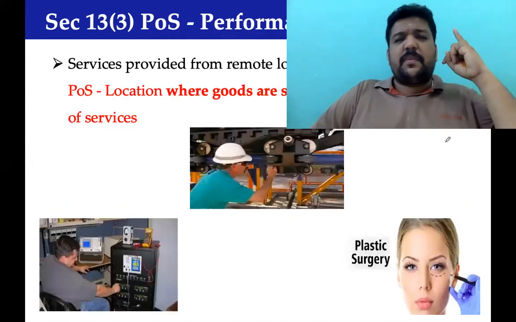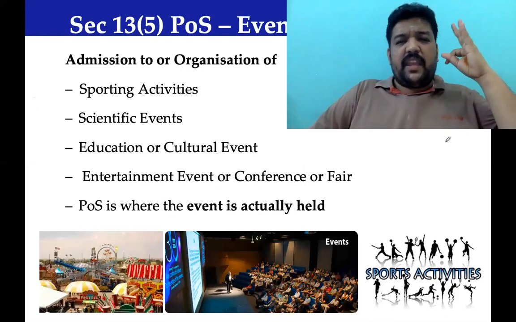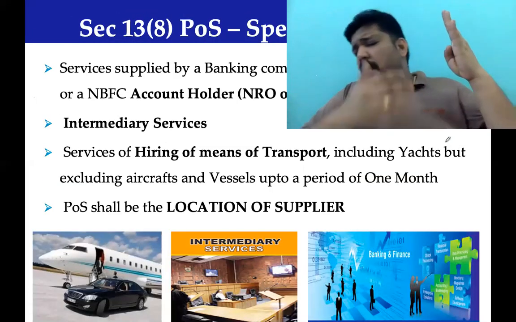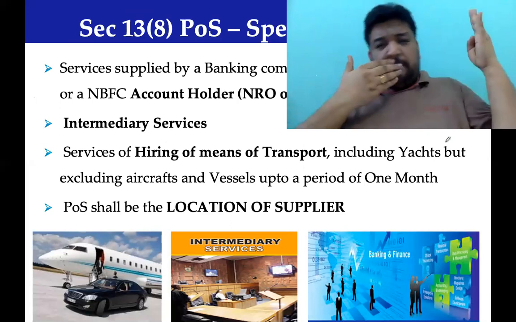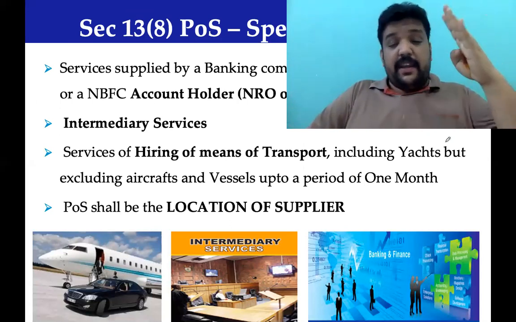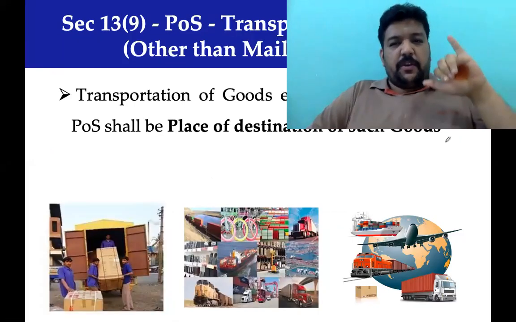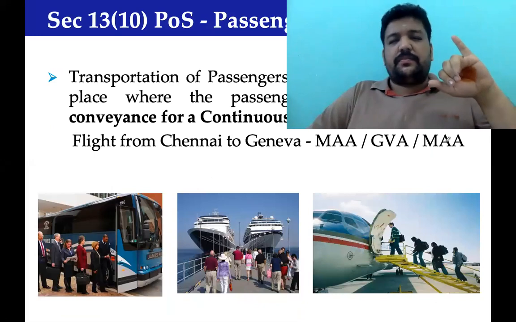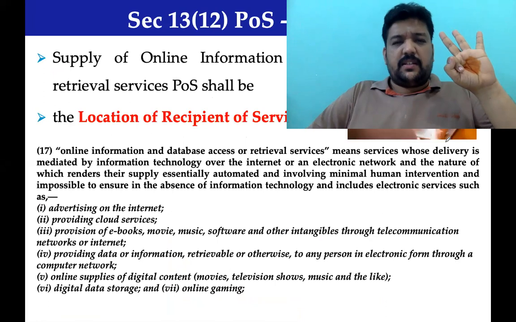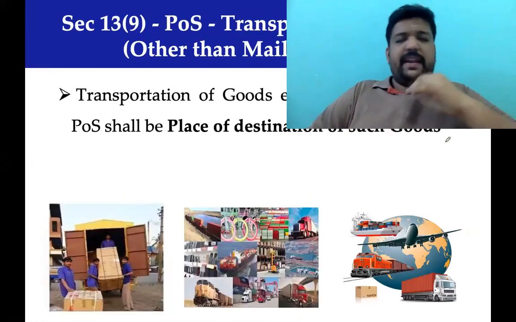Performance-based services, immovable property-based services, event-based services. Sorry. Intermediary services, transportation of goods, transportation of passengers, onboard conveyance service, OIDAR service, 8 entries.